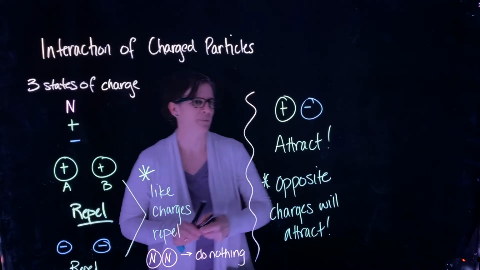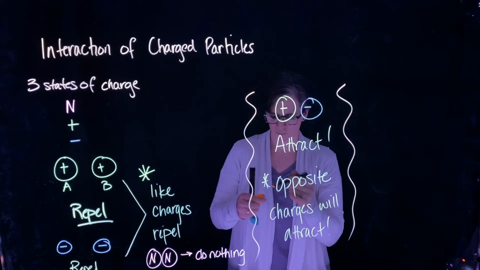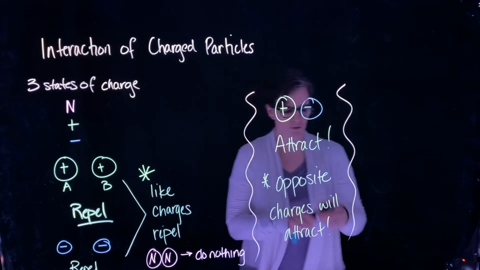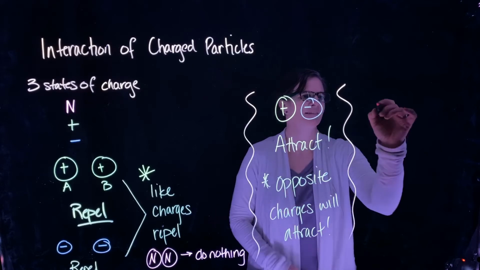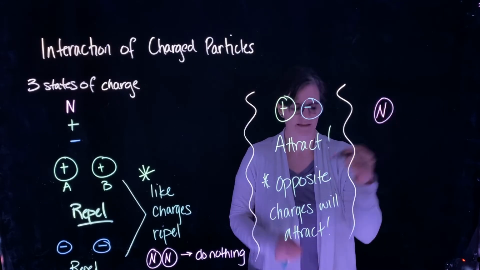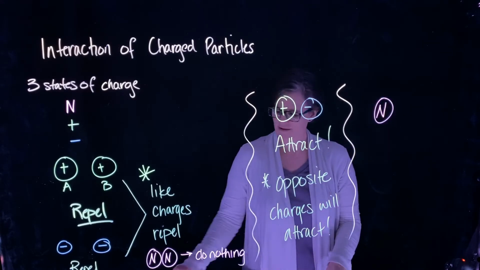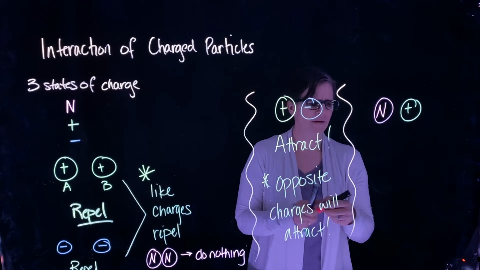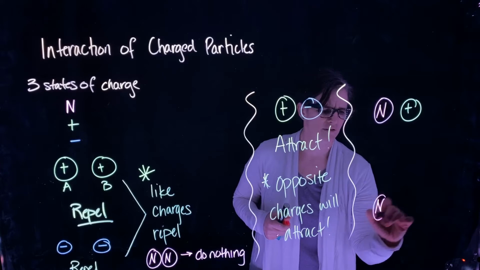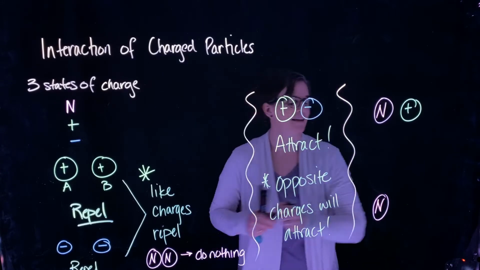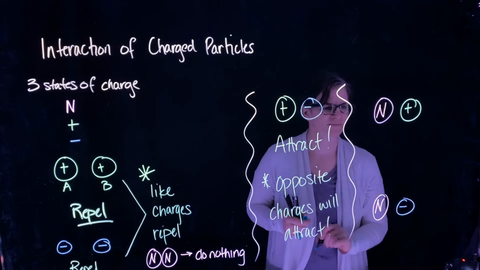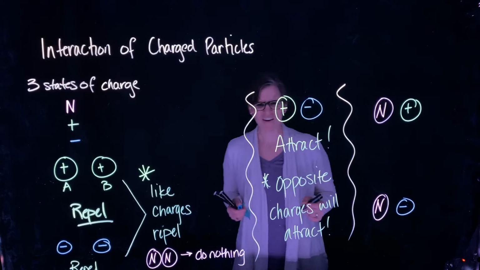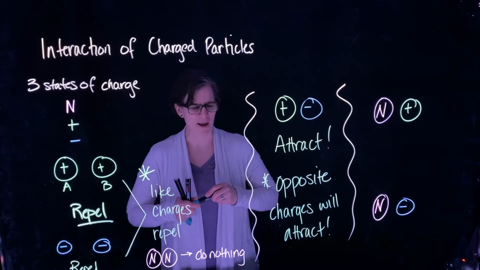What if I bring a neutral charge into the mix? What happens when I have a neutral charge and a positive charge? Or a neutral charge and a negative charge? Well, this is a very interesting phenomenon.